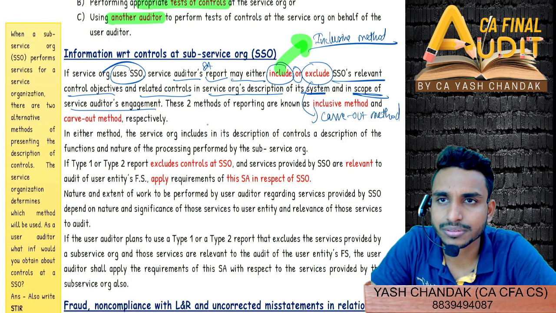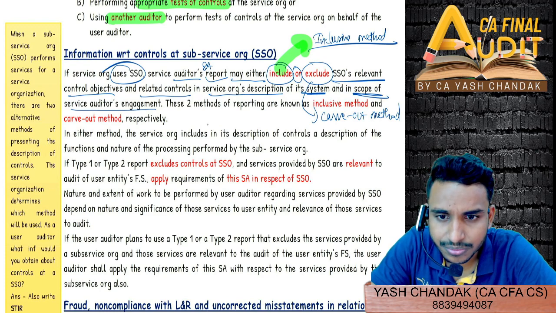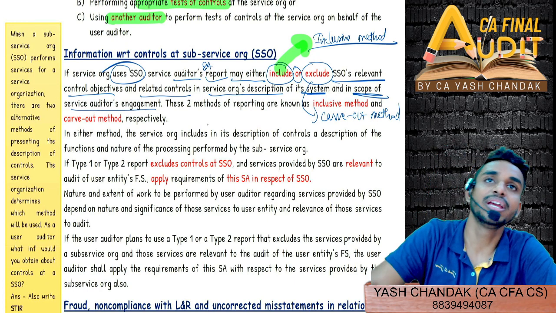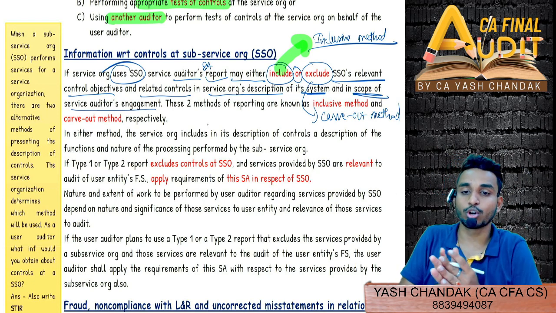Sir, carve out means we will exclude the sub-service organization's internal control design, how their control has been established in their organization. No, I'm not talking about including here. Carve out, carve in as in Ind AS: in general, what do you mean by carve out, and by carve in?